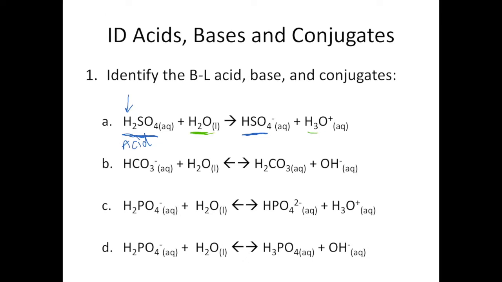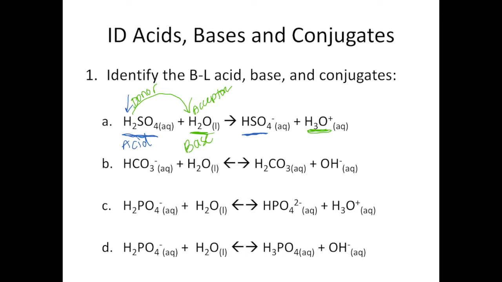So now I've got to see what happens to water. Water now looks like a hydronium ion because it has accepted that hydrogen from the acid, which makes it the base because it's the acceptor. Donor, acceptor. Now we look on this side.